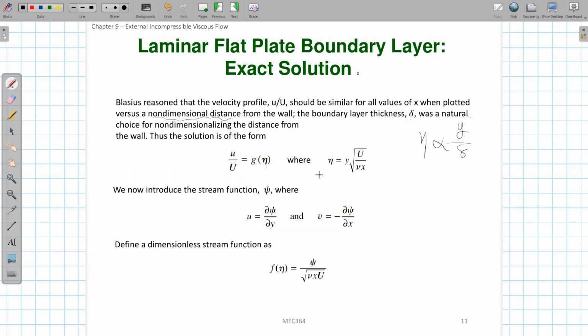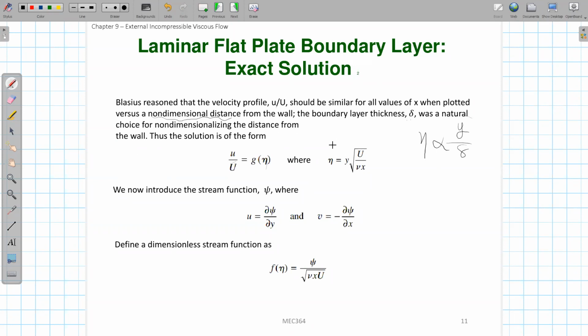There is a guy, his name is Blasius, and he developed this whole theory in the 1920s, based on some previous researchers' results.